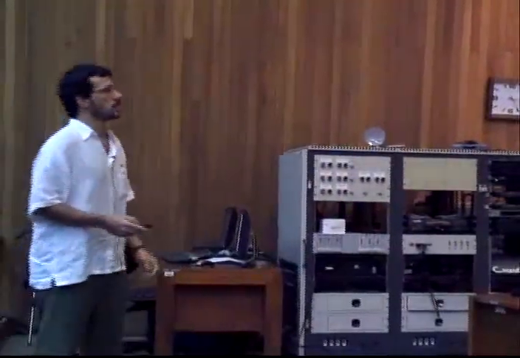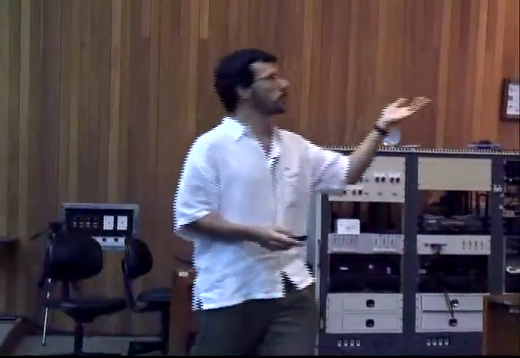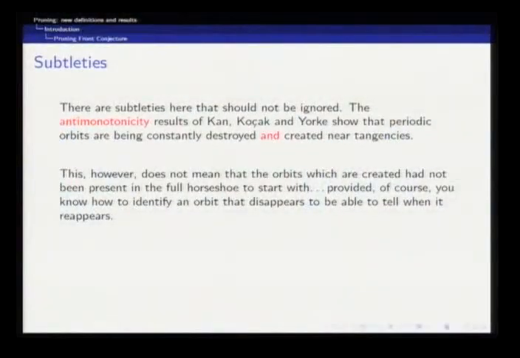If you're going to say that things are partially formed horseshoes, you have to be aware of these things. As I said, tangencies or crossings are disappearing and reappearing. But at every given moment when things are disappearing or reappearing, maybe they are reappearing in a way that they were already there before.